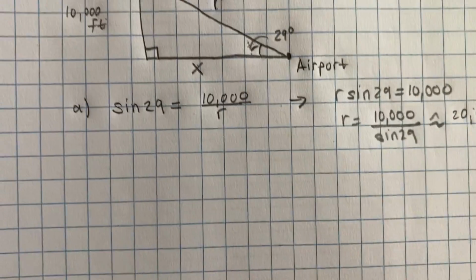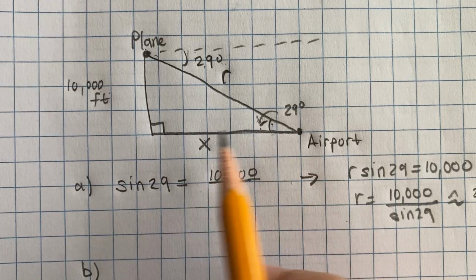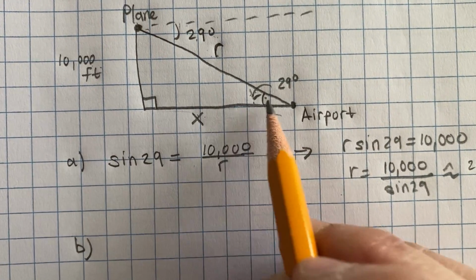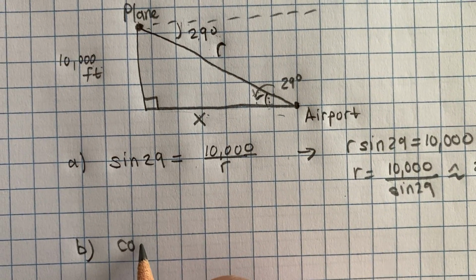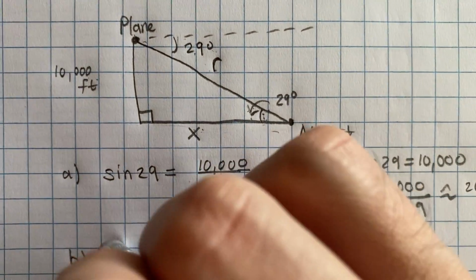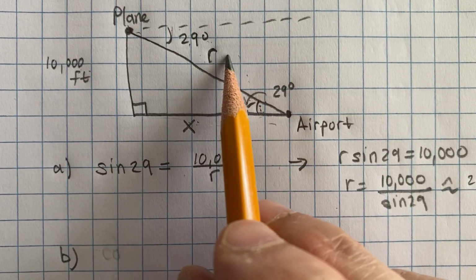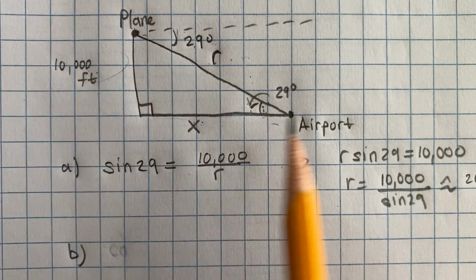And to figure out part B, what's the horizontal distance? If I want the horizontal distance, which would be x, this side right here is adjacent to the 29, it's next to it, so I would use cosine. Or actually, not quite, I wouldn't use cosine because I don't know what R is. Actually, you could use cosine if you want because this is 20,626.6 feet, but I'm just going to use this.